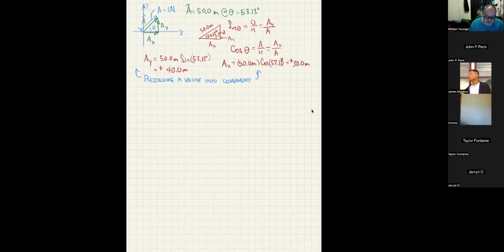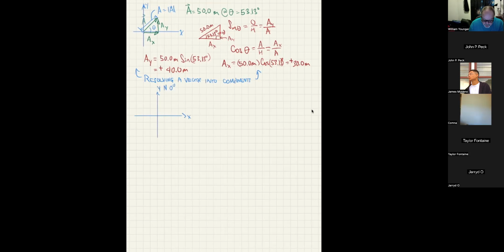Now, the big trick is, notice I could have another vector. Let's do another one here. Again, this is the x-axis and this is the y-axis. But in fact, I'm going to call this due north, which is a compass heading of 0 degrees.